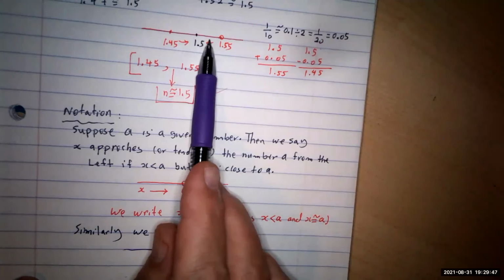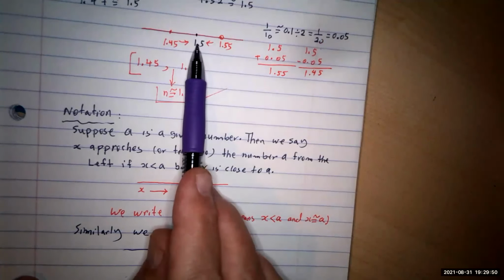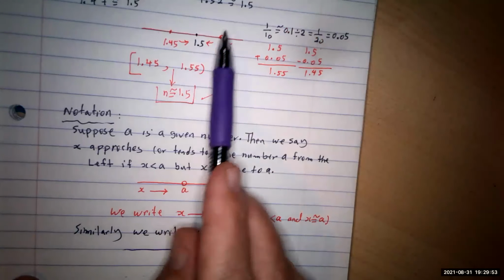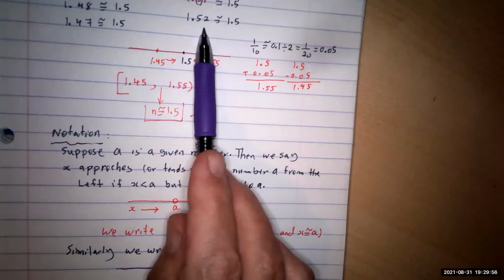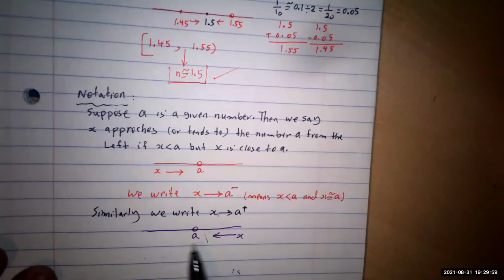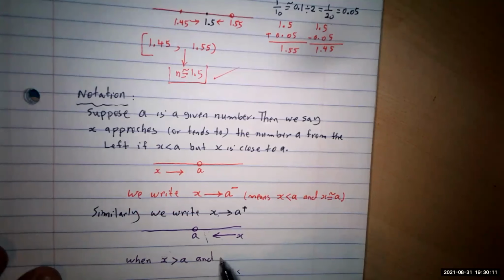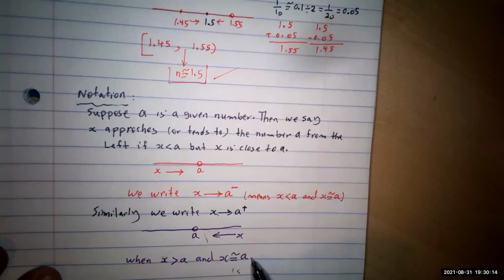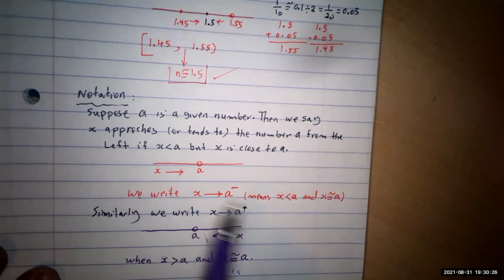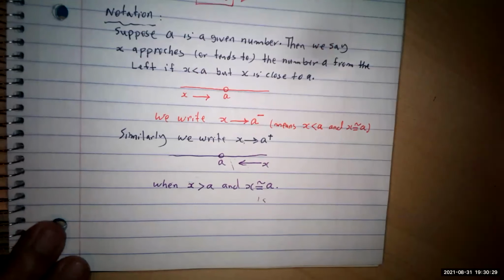There are many, many numbers to the right that eventually round up to 1.5, like 1.51, 1.52, etc. So from this direction, we write x goes to a positive, when x is greater than a and x is approximately a. So a positive is from the bigger values, a negative from the smaller values. Question?